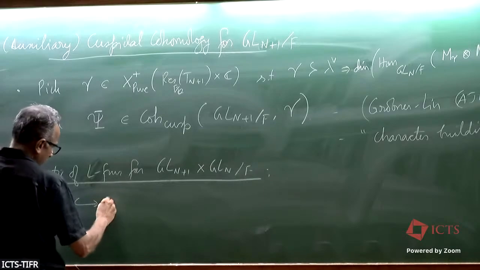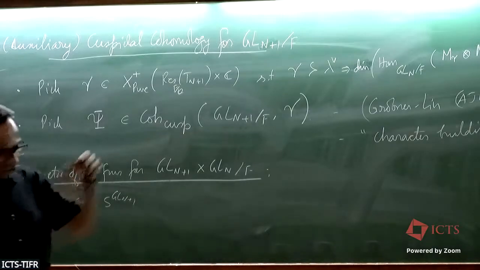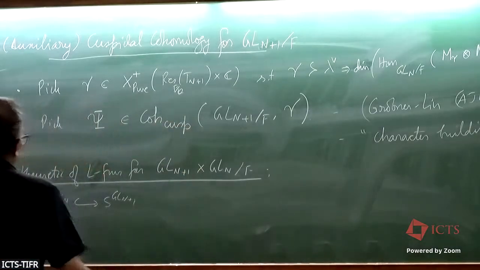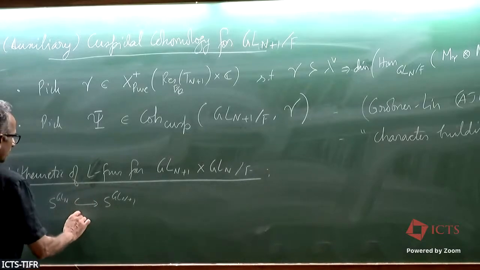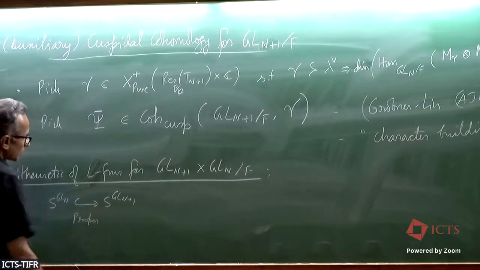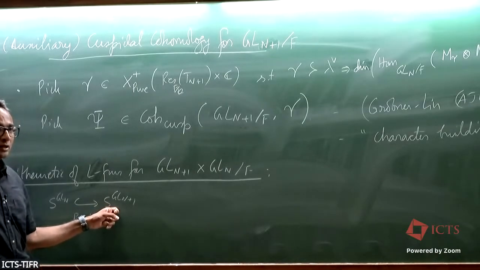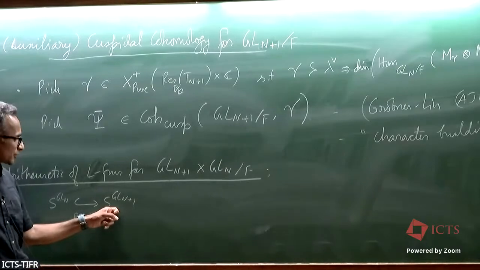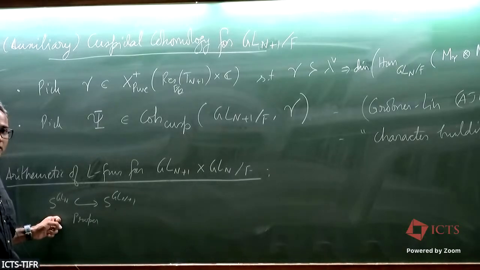You look at GLN sitting in GLN plus 1, as say g goes to g comma 1. The map it induces at the level of locally symmetric spaces is a proper map. In particular, if I have a cuspidal cohomology class on this bigger guy, in fact, cuspidal cohomology is represented by a compactly supported differential form. I pull it back, it's still compactly supported. I can integrate this against anything.